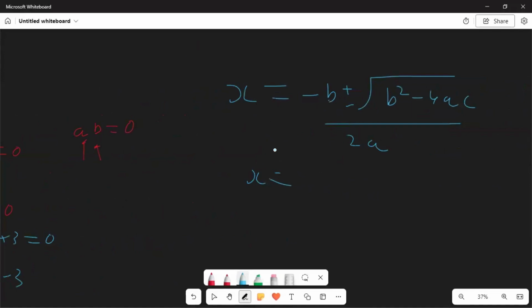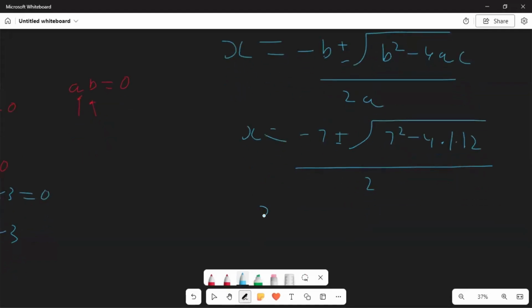We're going to get minus 7 plus or minus the square root of 7 squared minus 4 times 1 times 12, and on the bottom it's 2 times 1, so just 2. So we get x equals negative 7 plus or minus the square root of 49, that's 7 squared, minus 4 times 12, which is 48. So that's just 1.